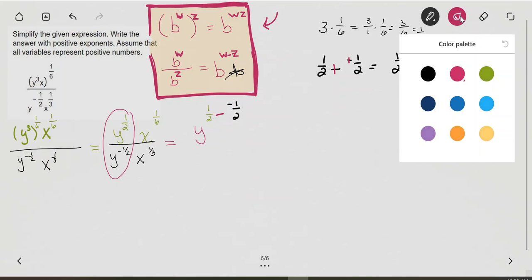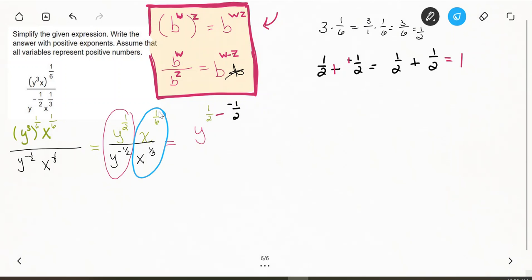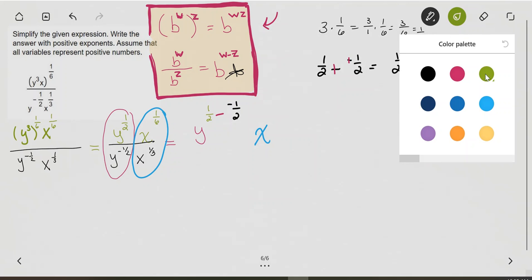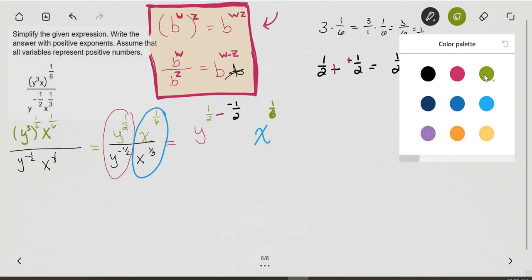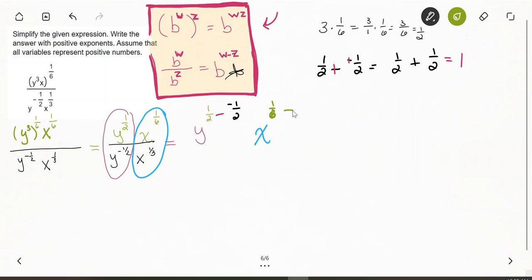And then this is over, or I'm sorry, not over. I got this mixed up. We're just moving over to the x, right? So times x to the 1/6 minus 1/3.